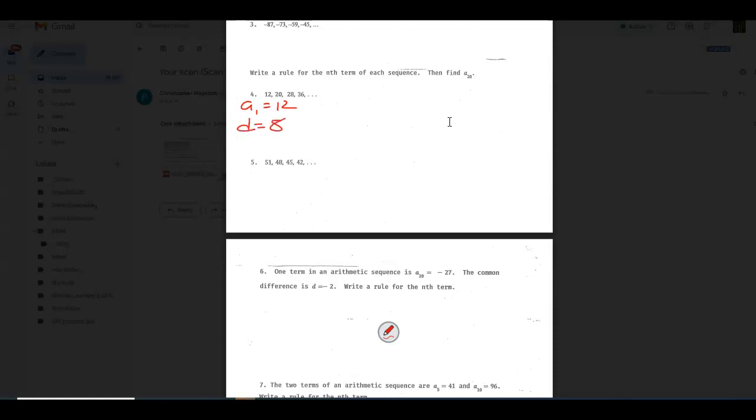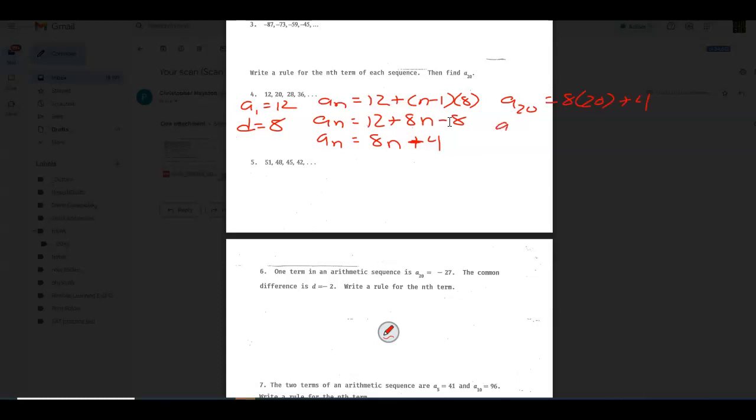So I'm going to get right into it. a_n equals 12 plus n minus 1 times 8. a_n equals 12 plus 8n minus 8. a_n equals 8n plus 4. And then they want the 20th term. 8 times 20 plus 4. 160 plus 4, and it's 164.